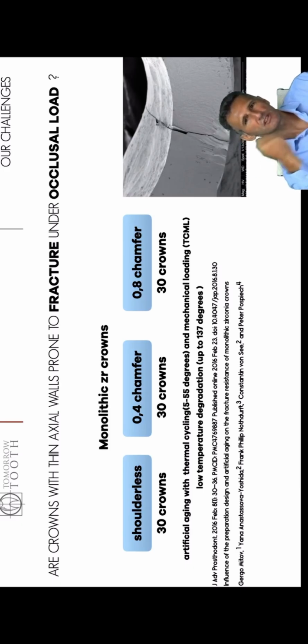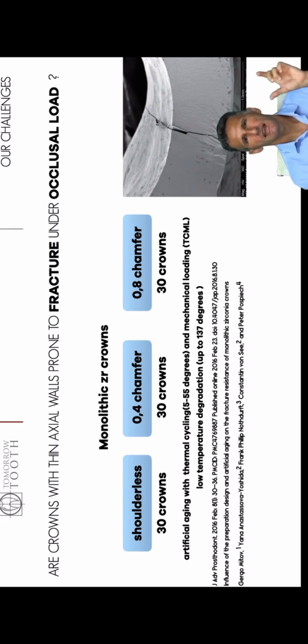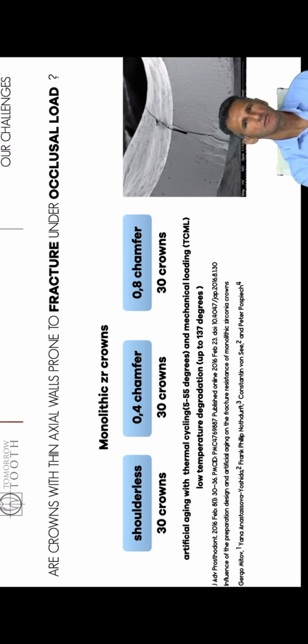These crowns experience artificial aging with thermocycling at 55 degrees, mechanical loading, and low temperature degradation up to 137 degrees. So we have a 0.8, a 0.4 and a vertical crown. Which crown do you think will perform better in this study under occlusal load?